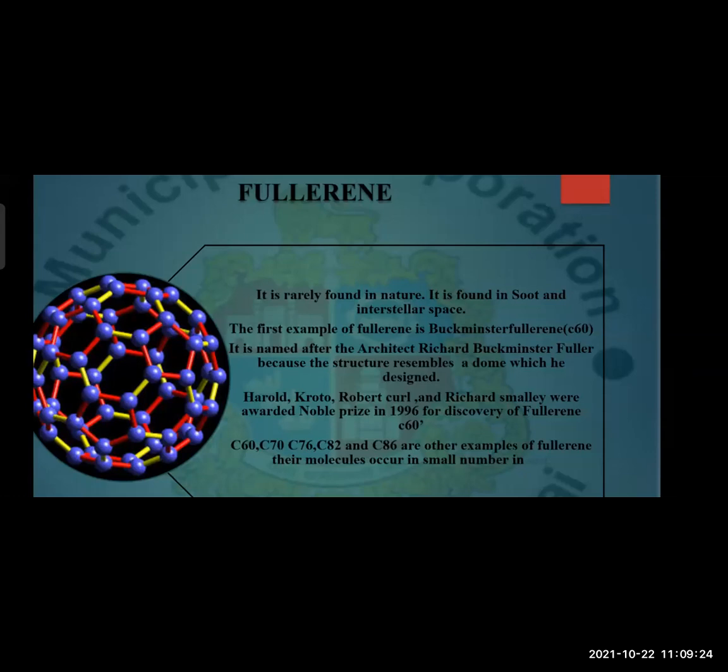See, most of the time the names of compounds and units are given after the name of the scientist, physicist, or chemist, whoever has worked on it. But in this case, the name appearing here is the name of an architect, an engineer, Richard Buckminster Fuller.